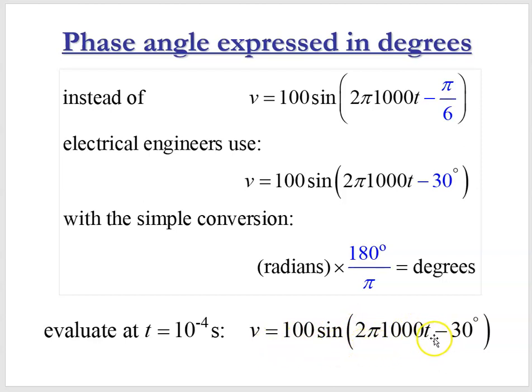Be careful here: this part is going to be calculated in radians and this part is in degrees, so you need to convert one or the other, and you want to know whether your calculator is in degree mode or radian mode. Typically in physics, you have it in radian mode. Typically in your engineering classes, you're going to have it in degree mode. So make sure you know that.